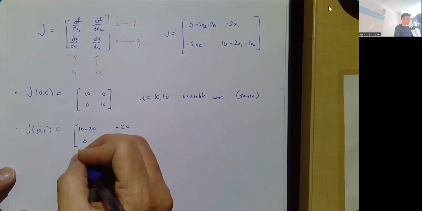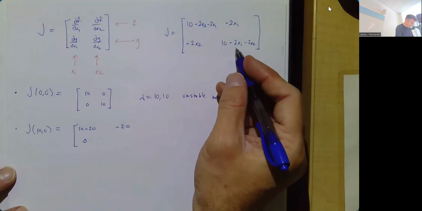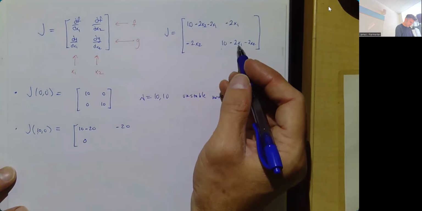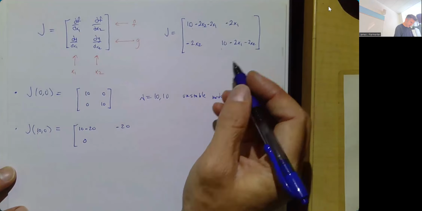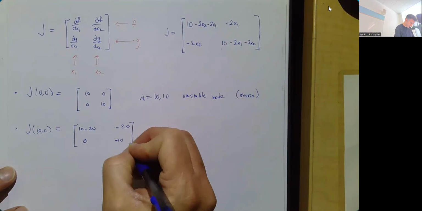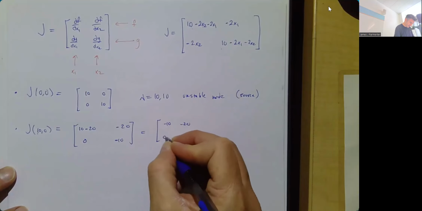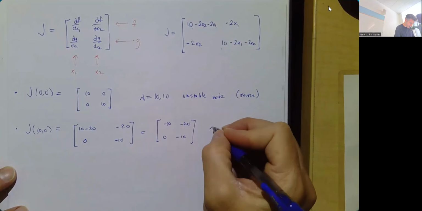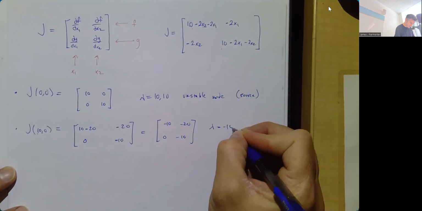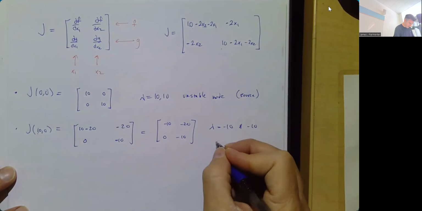Oh, how convenient. And then a 10 minus 20 again, so negative 10. So we end up with negative 10, negative 20, 0, negative 10. My eigenvalues are both negative 10. So we have a stable node.